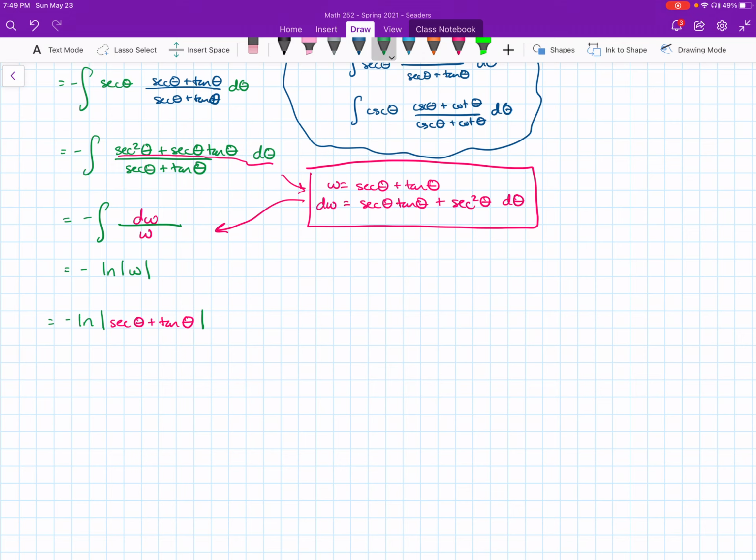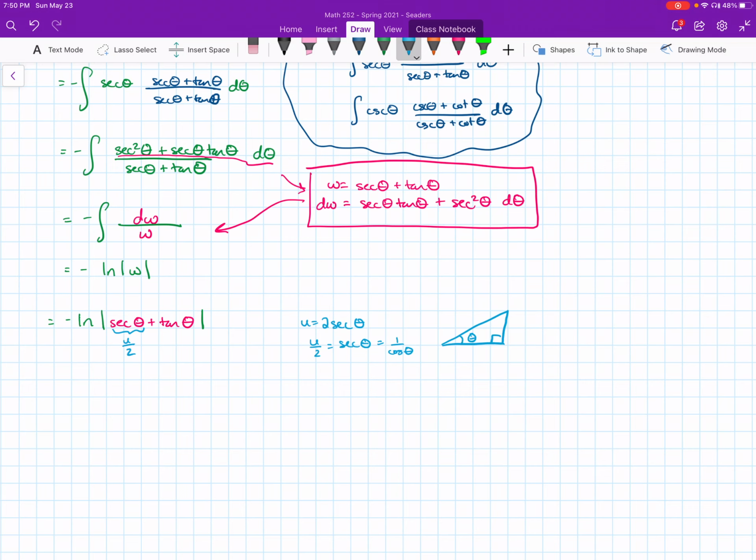Okay, so now I'm trying to back substitute my thetas for u's, my original u substitution. So I have u is 2 secant theta, which of course means that u over 2 is secant theta. So that'll tell me what to put in for secant theta. Now, of course, this means that 1 over cosine is u over 2. So I can draw a triangle to help me find out what tangent of theta is.